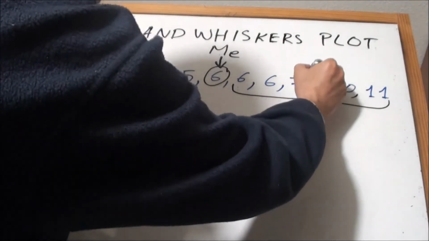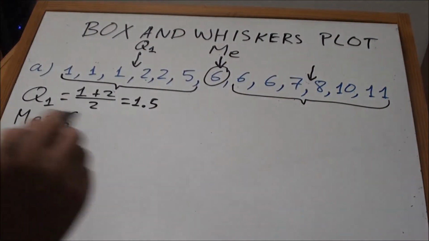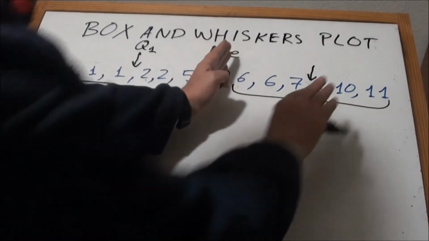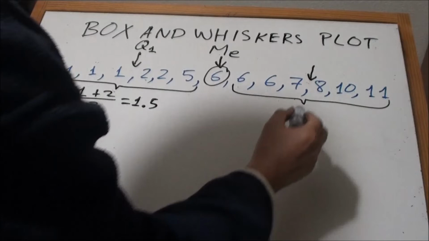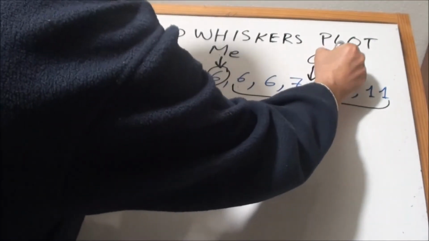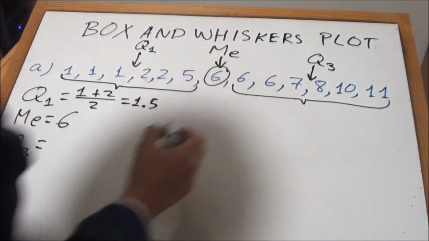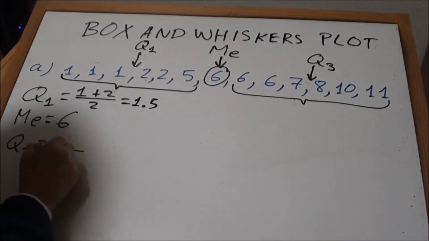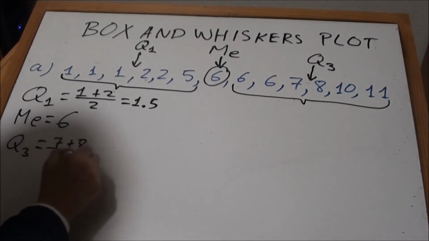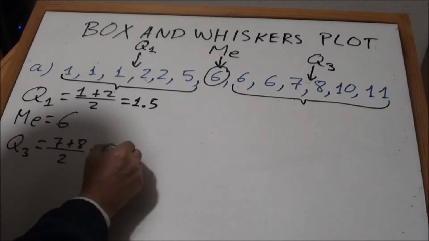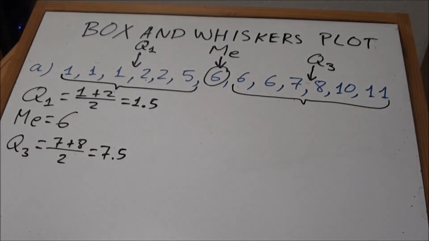The median, which should be in the middle, as many data above as below, is going to be the third quartile, but as we don't have anything here, we have to average those 2. So it's 7 plus 8 divided by 2 is 7.5. So that's how we find the quartiles and the median.